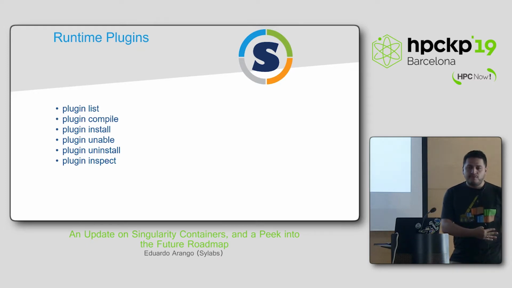Last May, in the Singularity user group, we saw a lot of companies already building specific plugins on top of Singularity, and examples are plugins for I/O performance, I/O benchmarking. Also, we saw a user creating a plugin for system call monitoring, so you can create a plugin that every time you're running containers, it is going to tell you which system calls every container is running, things like that.